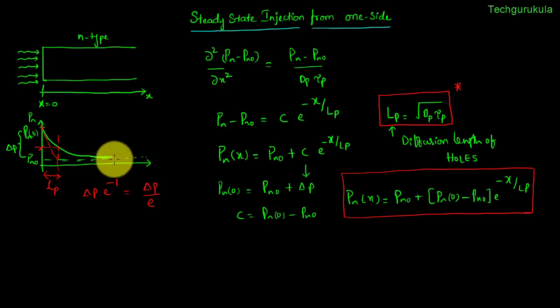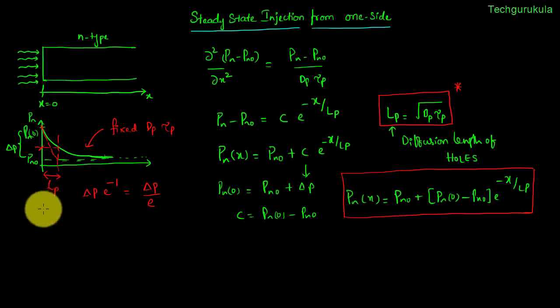To understand why the diffusion length depends on Dp and tau p, let me take an example where, for this graph, let me say Dp and tau p are fixed. Now for case 1, let me assume Dp is increased. Dp basically tells us the ease with which the carriers move in the semiconductor. If Dp increases, the carriers would move faster, which means before they recombine, they would have moved extra distance.